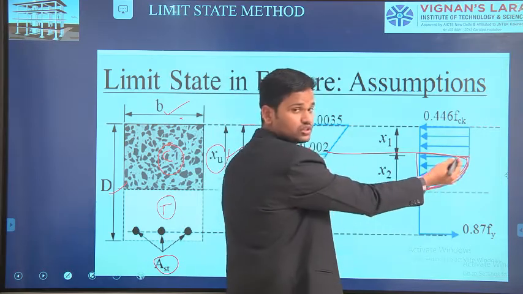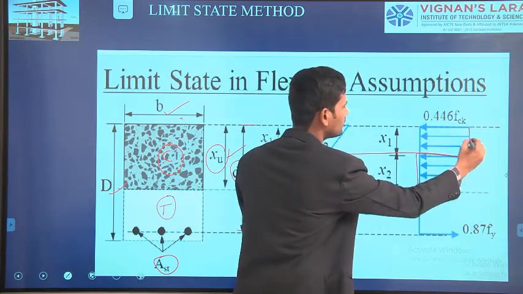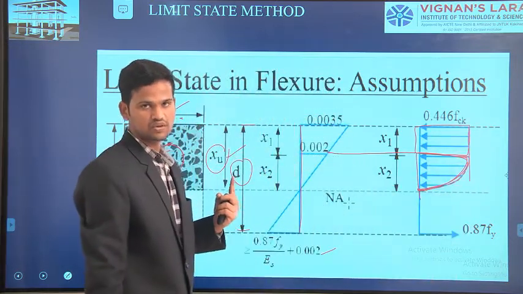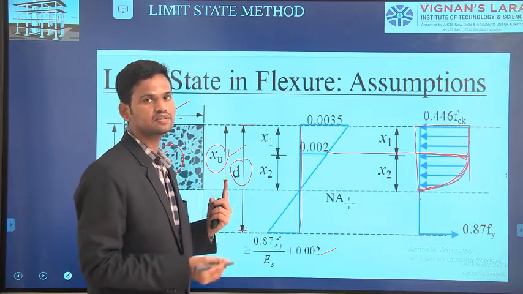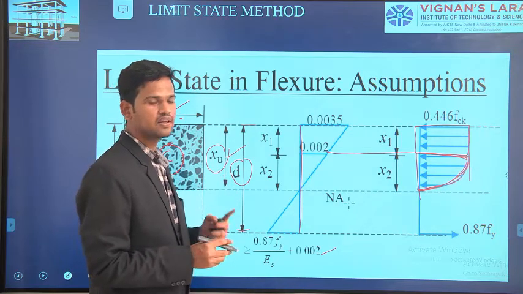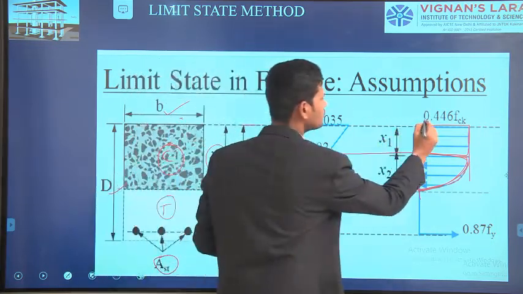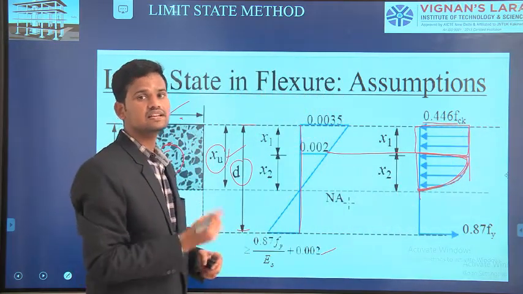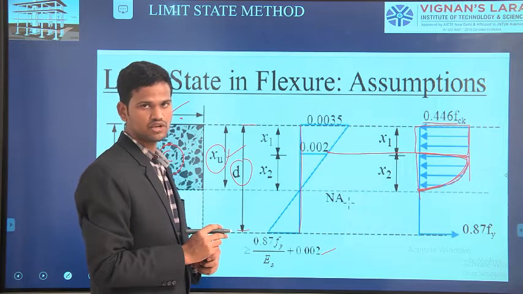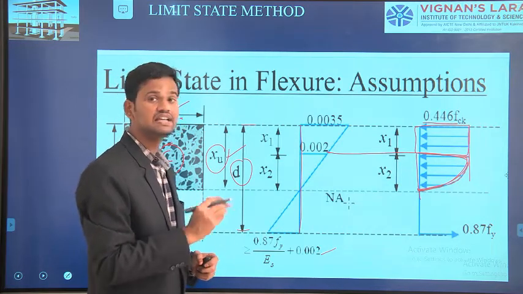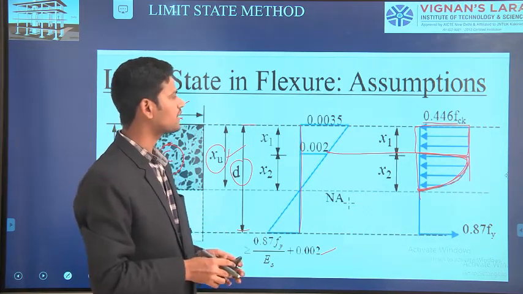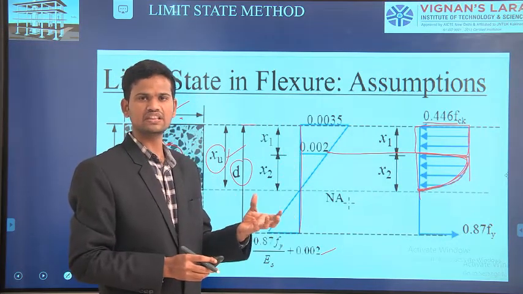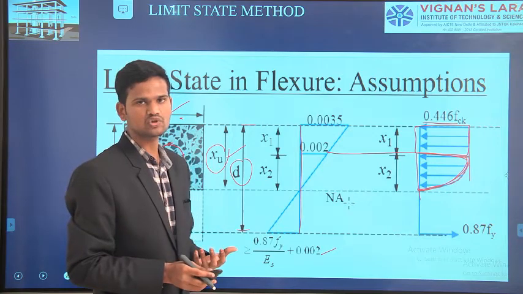Again from 0.002 up to 0.0035, the stress block is rectangular. This is the concept we consider for the limit state of collapse under flexural condition. Here 0.446 fck is the design strength of the concrete member. Suppose you take M30 grade concrete; the characteristic strength is 30 Newton per mm square.